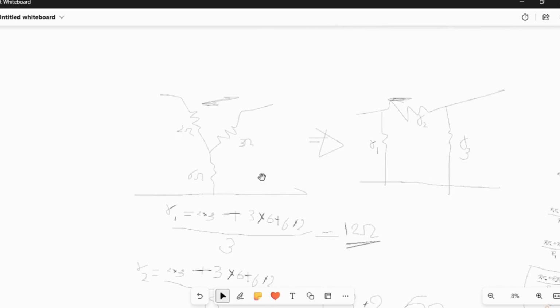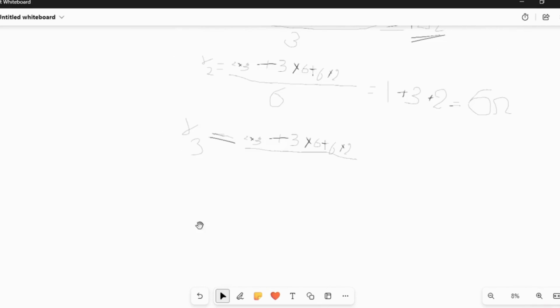The opposite is 2 ohm, so divide by 2. So the answer will be 3, then 9, 12, 18.